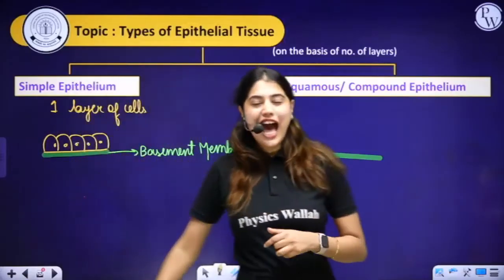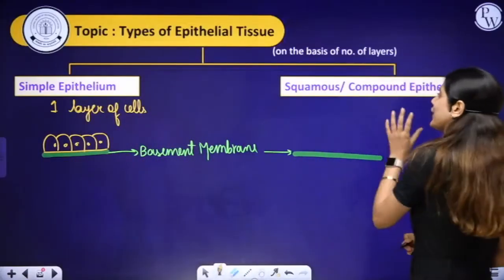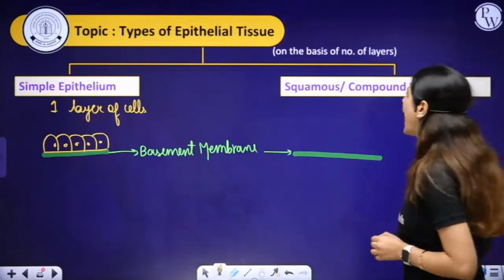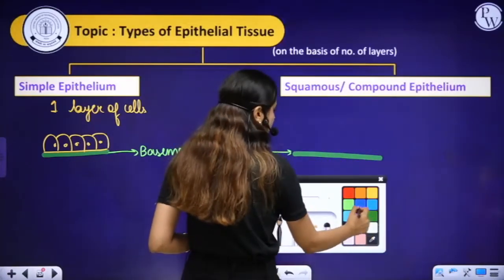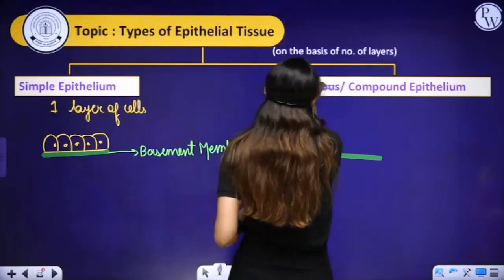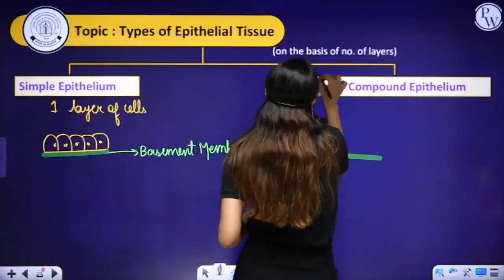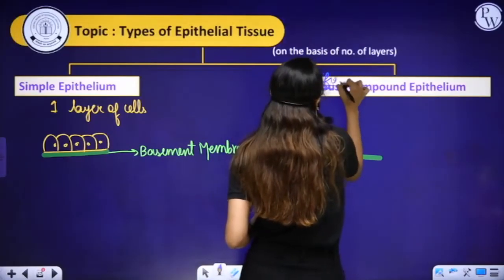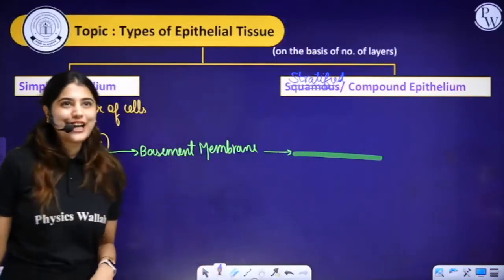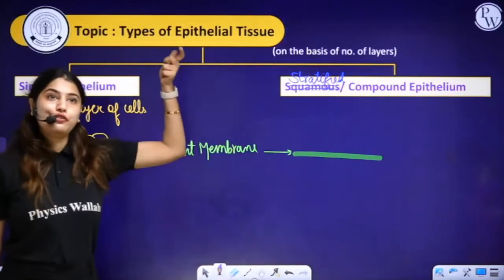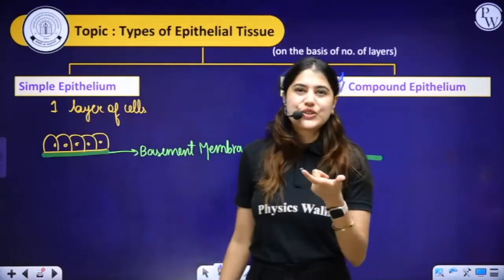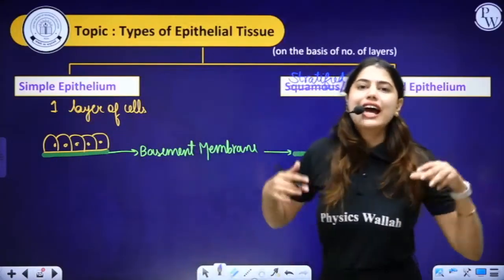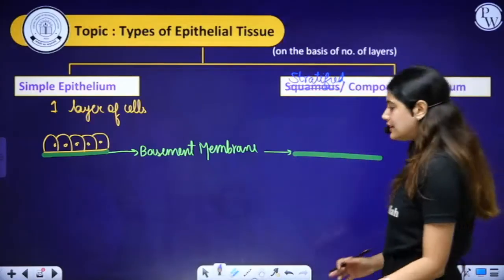But if we have more than one layer of cells, we're going to call it compound epithelium, right? Please make sure this is stratified. Another name of this is stratified epithelium. So what is this word stratified? The word strata comes from layer. Hence, there are many layers in this epithelium, right?